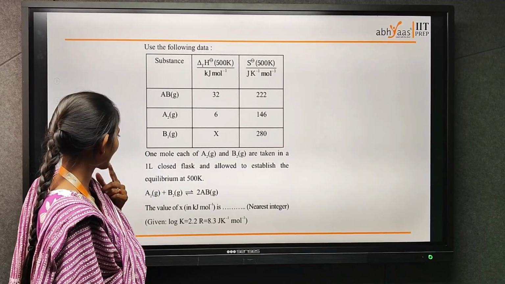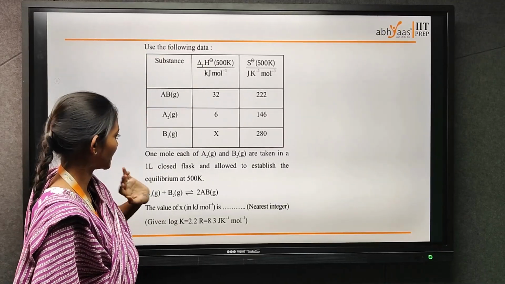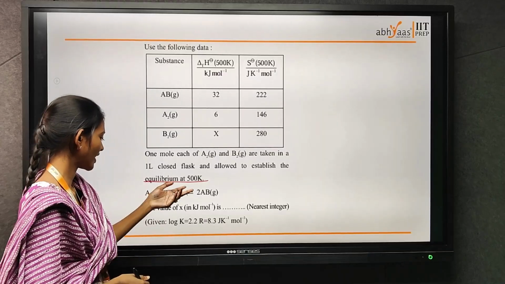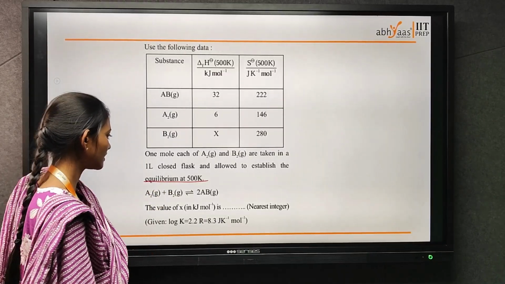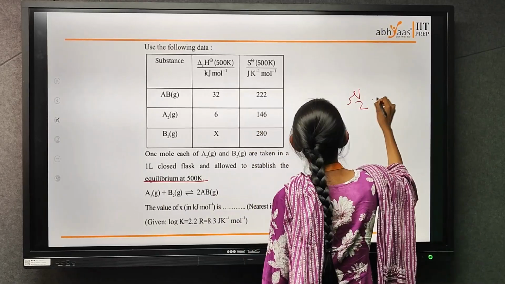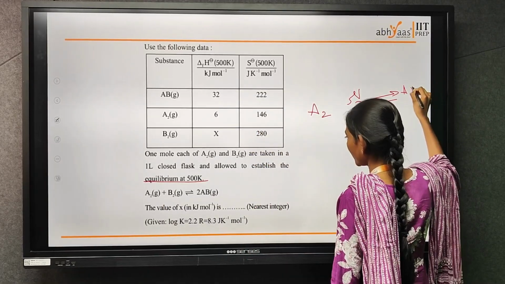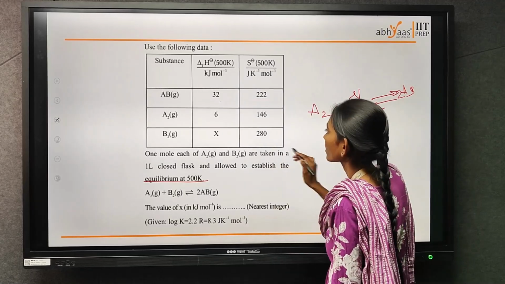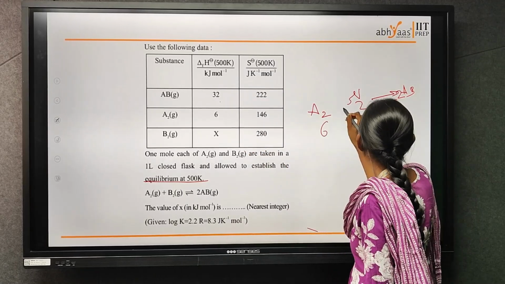They have given a reaction, and using this data we need to find the equilibrium constant at 500 kelvins. They are asking for the answer to the nearest integer. See, A2 plus B2 gives rise to 2AB, right? So for A2, we are having 6, right?